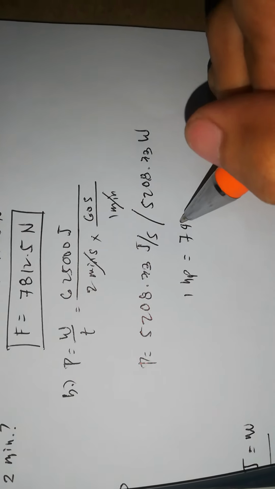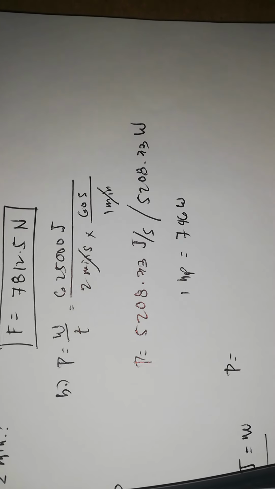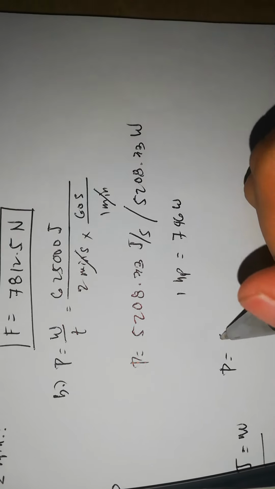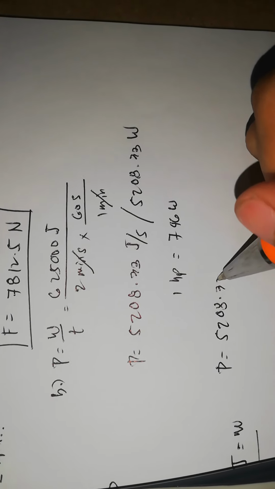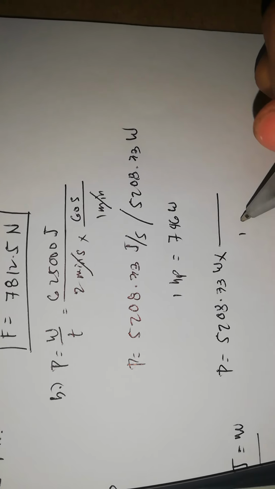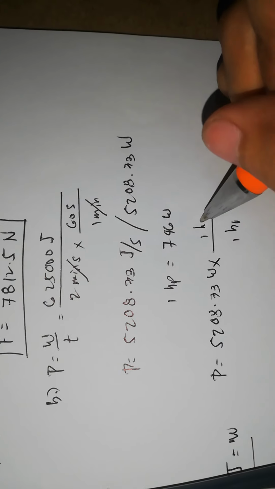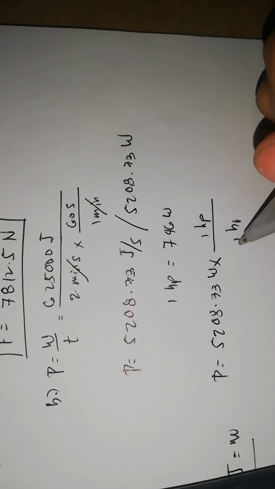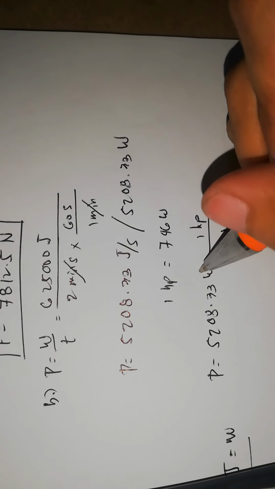Okay? And if you want to convert this into horsepower, meron tayong conversion na in 1 horsepower, we have 746 watts. So, the power in horsepower is equal to 5,208.33 watts times 1 horsepower per 746 watts. So cancel.